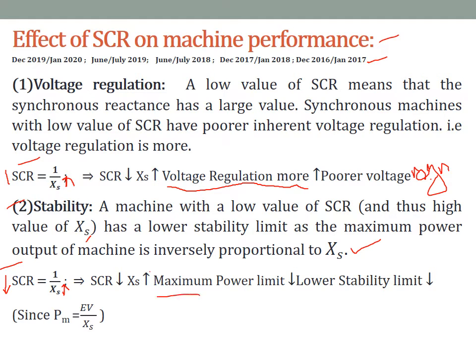Then the maximum power limit will decrease. Stability limit also decreases. The maximum power is given by EV by Xs. If Xs is high, Pm will decrease. The maximum power limit decreases, then the stability limit will decrease.